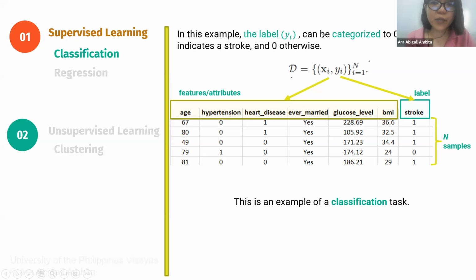In this example, the label y sub i, which is stroke, can be categorized into 0 or 1, where 1 indicates a stroke and 0 otherwise. Since we are categorizing a certain person, whether they experienced having a stroke or not, we consider this as a classification task.